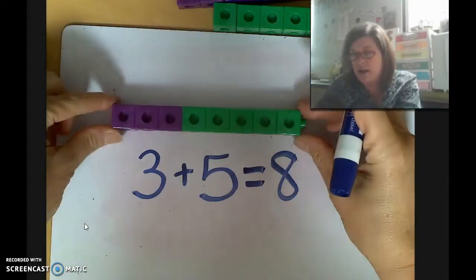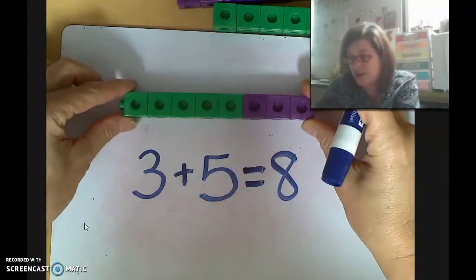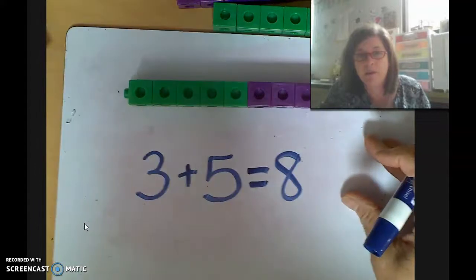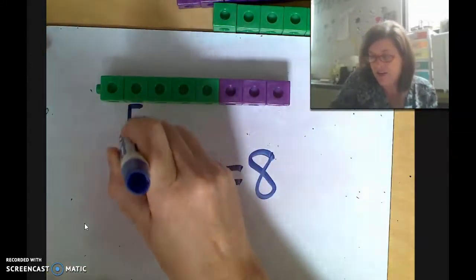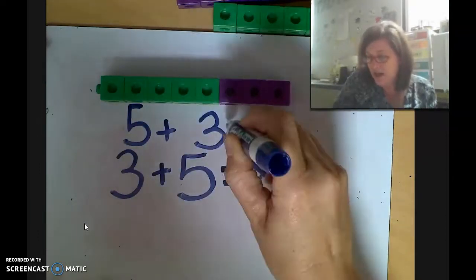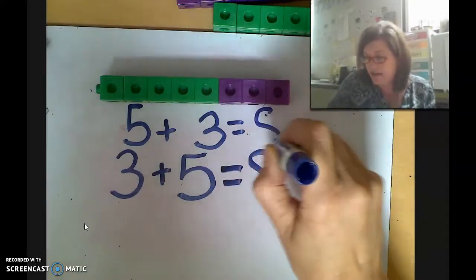Grab onto your train and we're going to flip it over. Shazam! Now I have a new math problem. My math problem now says I have 5 on this side plus 3 on the other side. It should give me my same answer, 8.